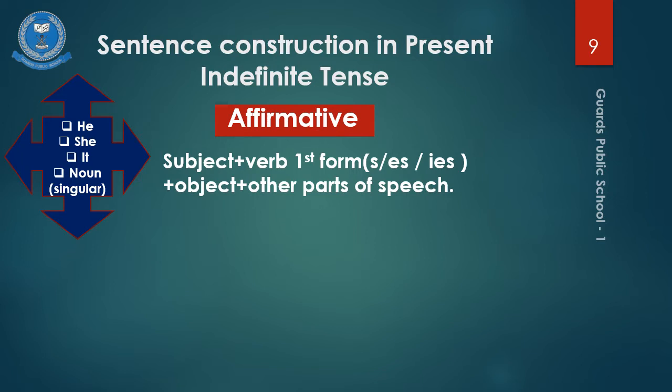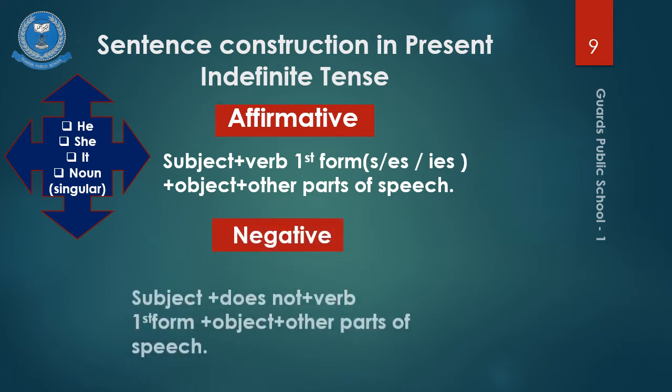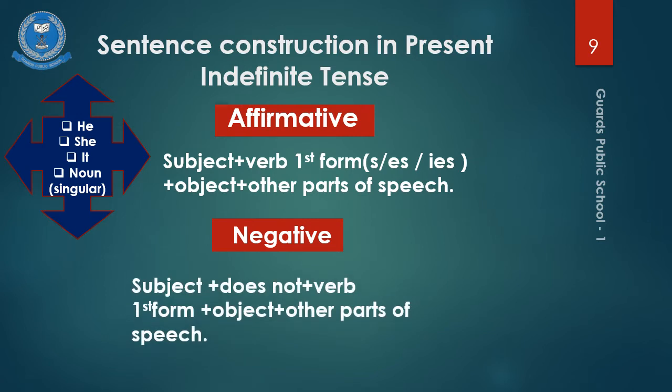Remember, we use s, es, and ies in affirmative sentence structure only. In negative, the subject is written in the beginning and then we add does not. The verb is written in simple form according to the rule.